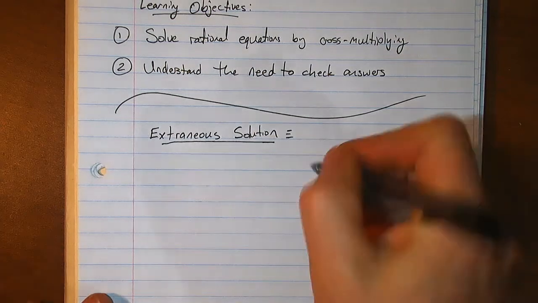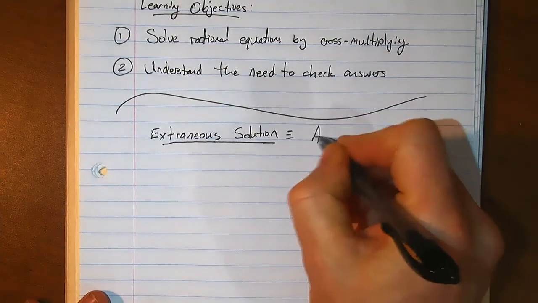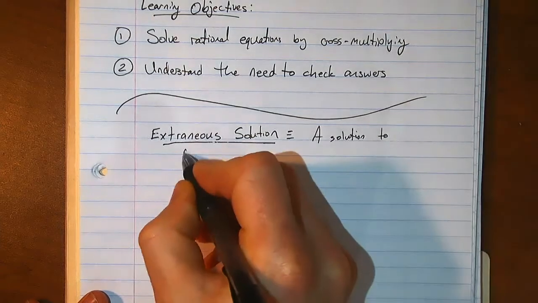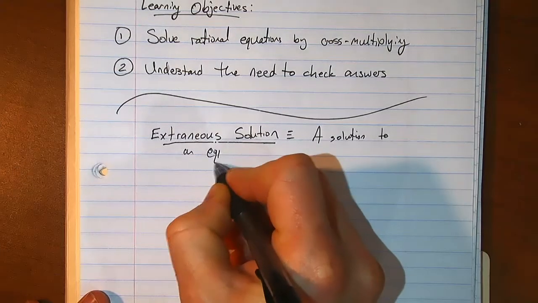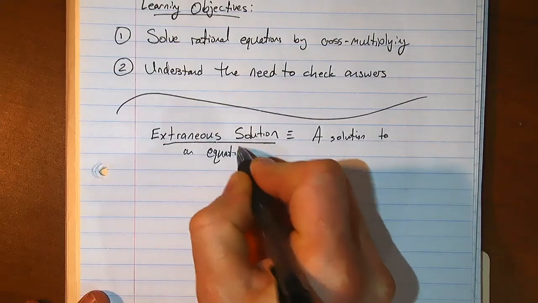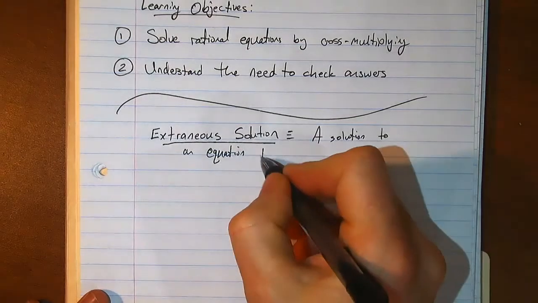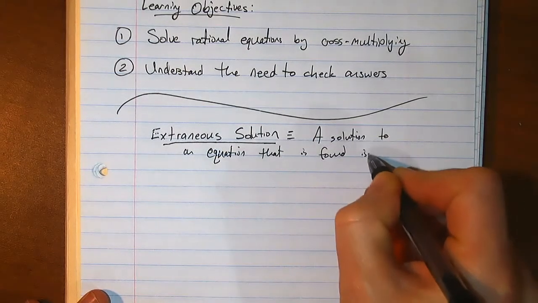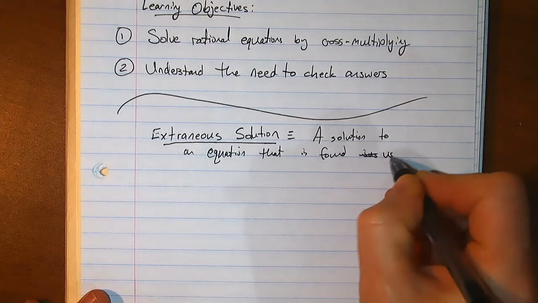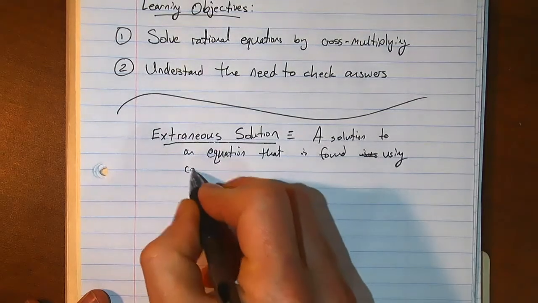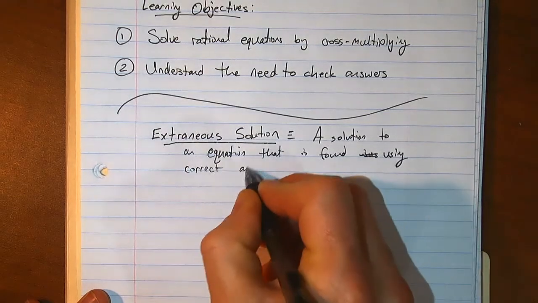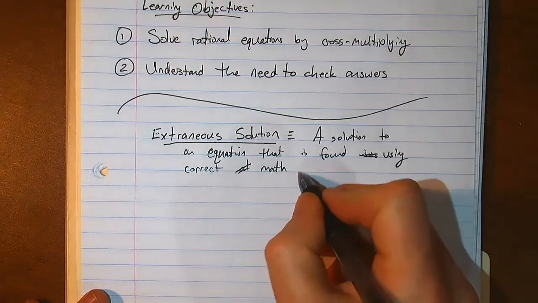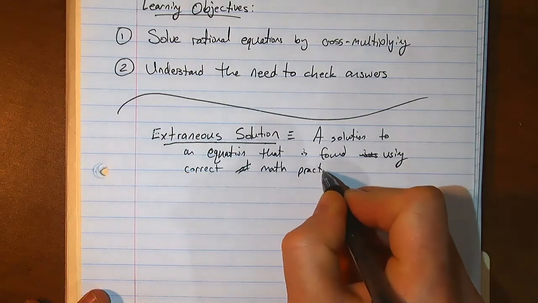An extraneous solution is a solution to an equation that is found using correct math practices.